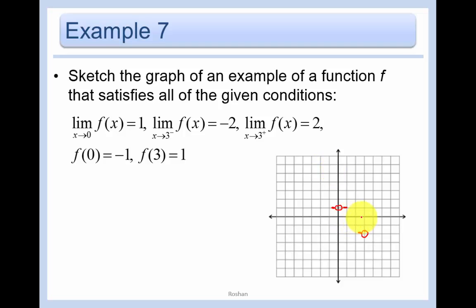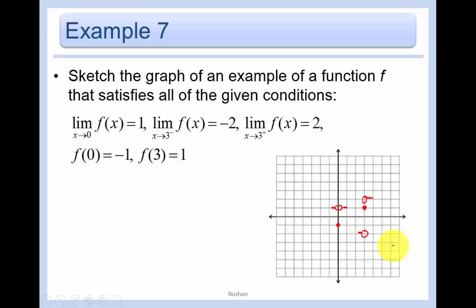So x value of 3, y value of 2, and from the right-hand side, it's approaching 2. So I'm going to put a right tail on it. And then it actually tells me that f of 0 is -1. So f of 0 is -1. That's going to be my closed circle. And f of 3 is 1. That's going to be where my closed circle is.